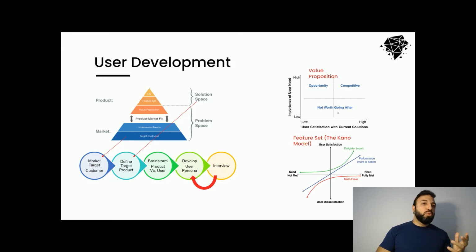If you want to design a new particular product, this is how you approach it. You think, is this a low need or a high need from a user? Then you place it in the spectrum. Then is there current solutions, yes or no? Then you start playing with that as well.